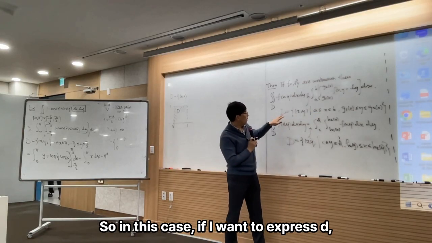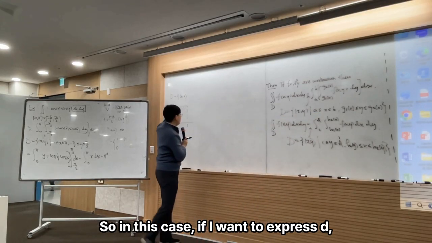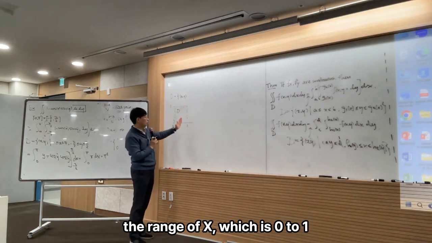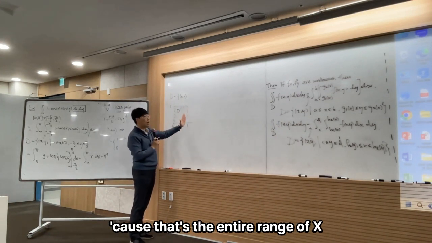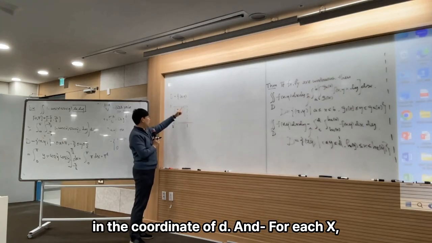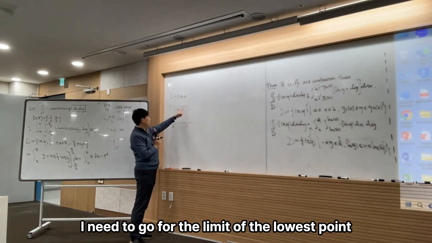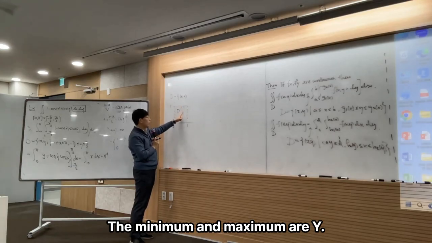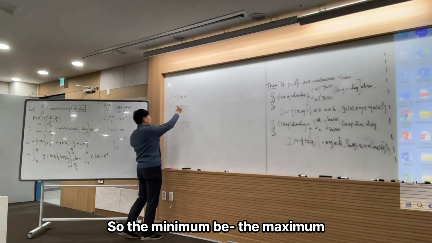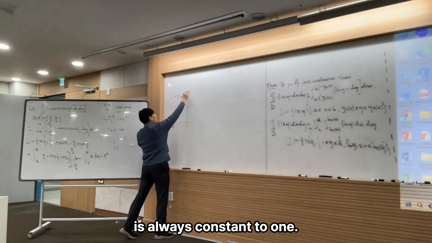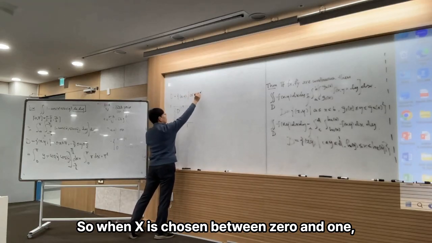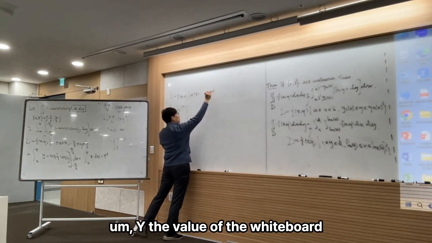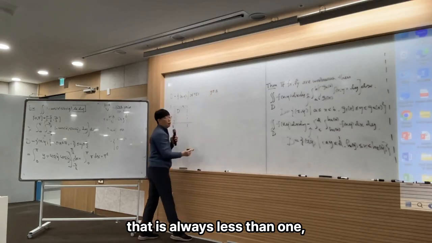So in this case, if I want to express D, I first take the range of x, which is 0 to 1, because that's the entire range of x in D. And for each x, I need to find the lowest and highest points, the minimum and maximum of y. The maximum is always constant, 1. So when x is chosen between 0 and 1, the y coordinate is always less than 1; that's the maximum.